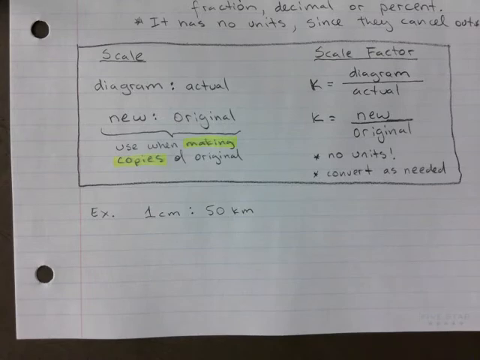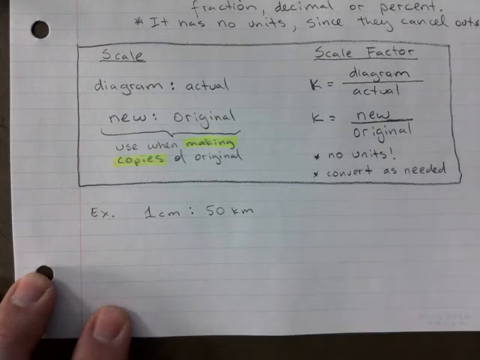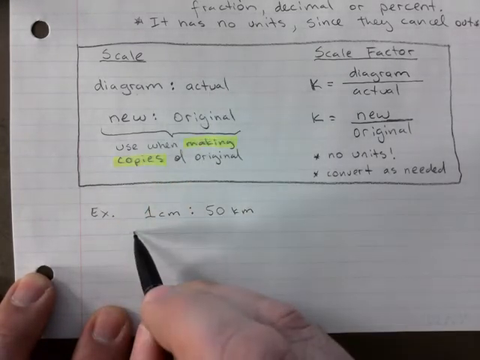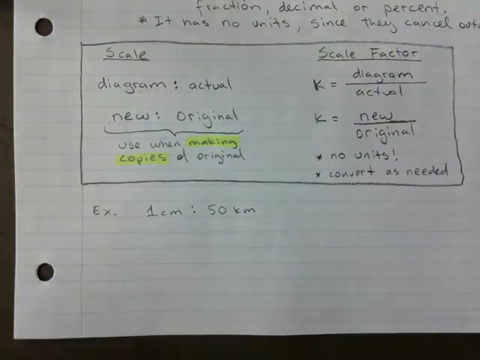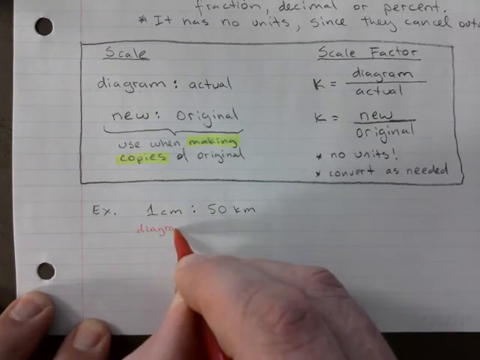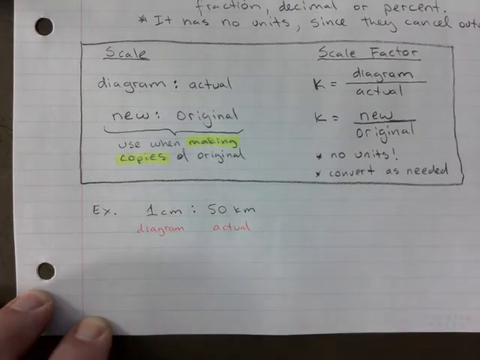A scale is written as a ratio always. And if nothing is given, no context, you're going to go diagram actual. So this is diagram, and this is actual.